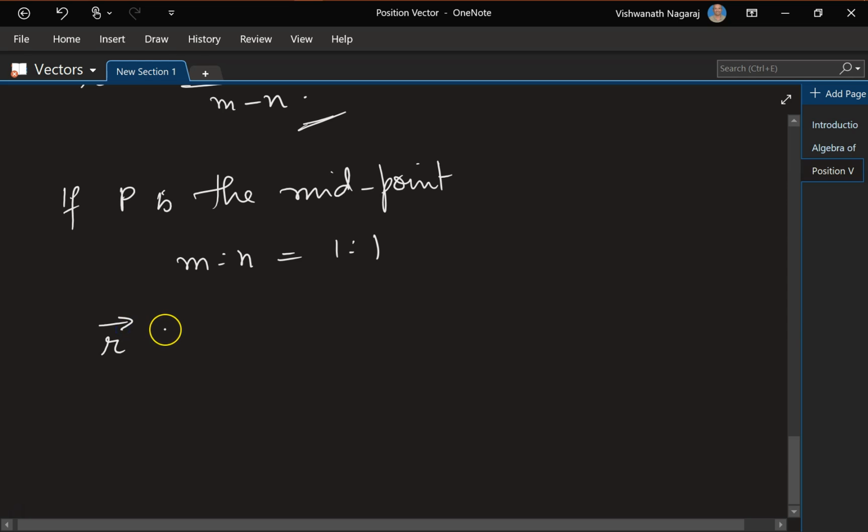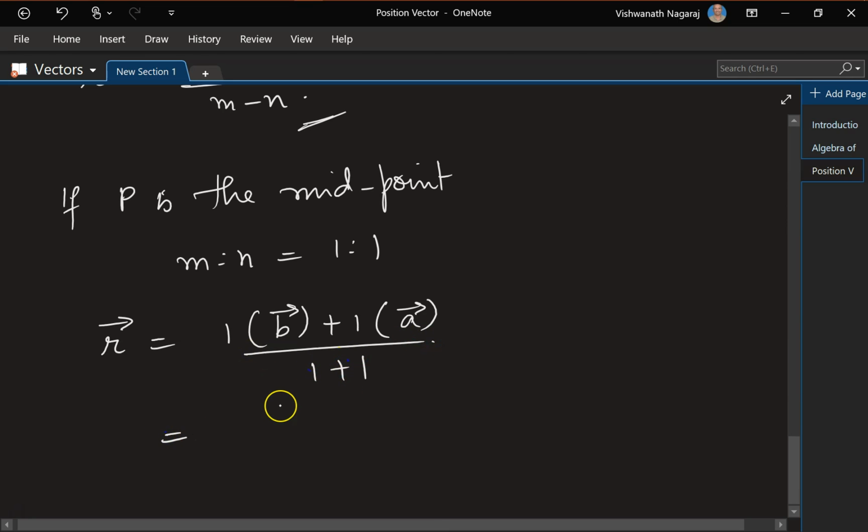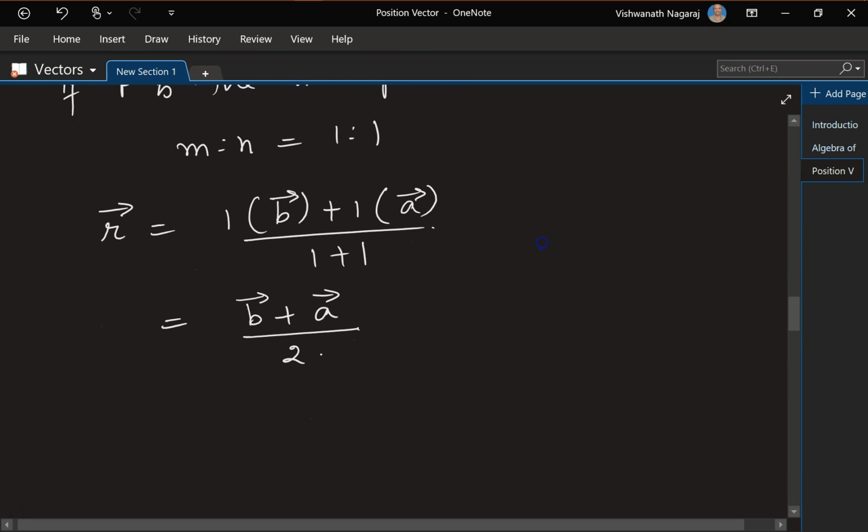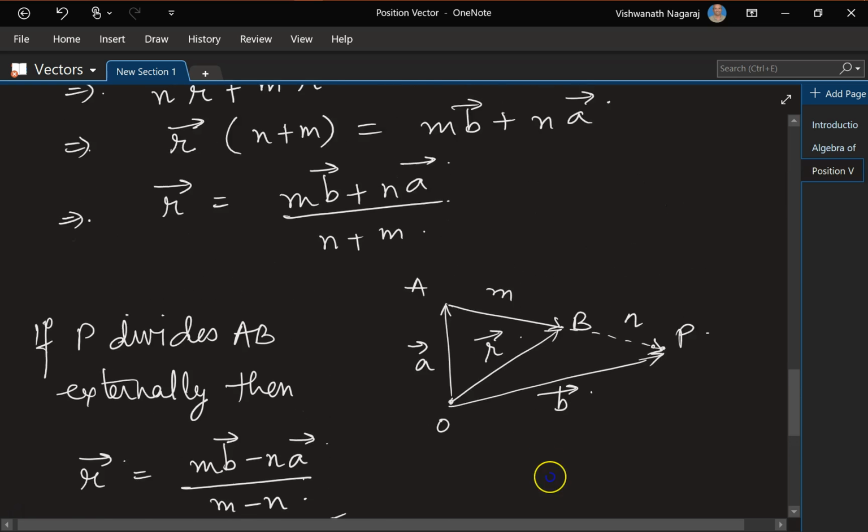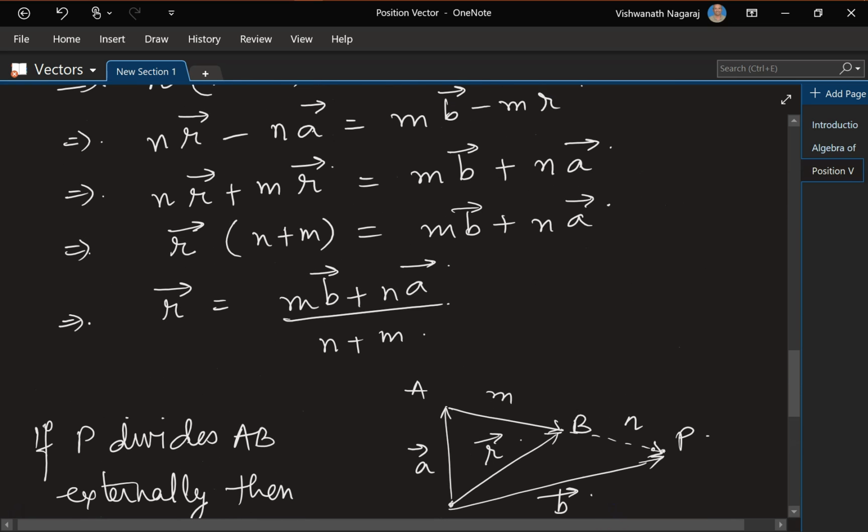R would be equal to (1 vector B plus 1 times vector A) divided by (1 plus 1), which is equal to (B plus A) by 2, or much more appropriately (A plus B) by 2. And we know that this is correct. See, because of vectors, how simple it becomes.